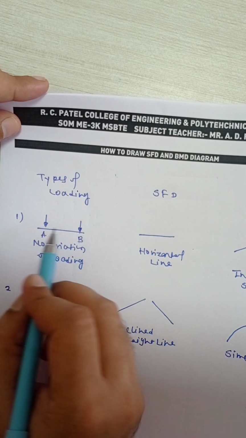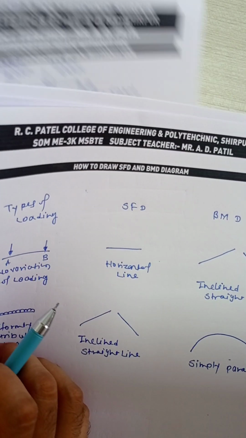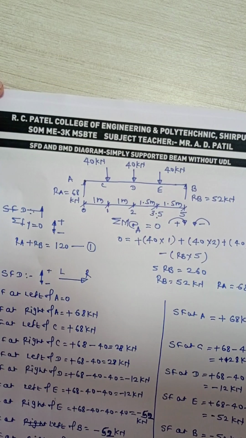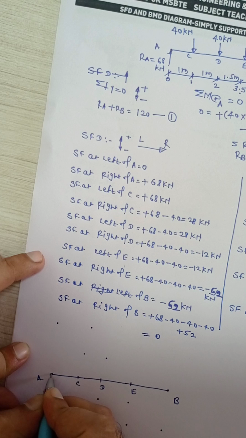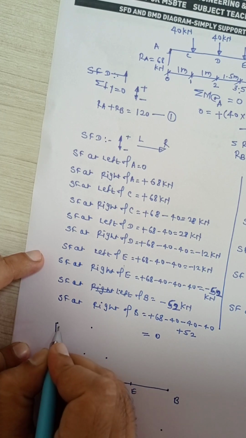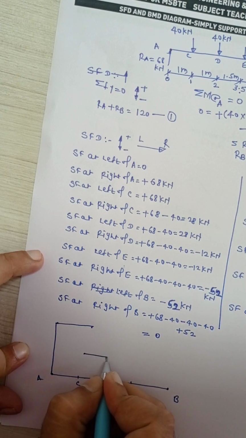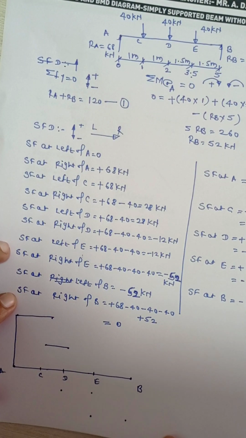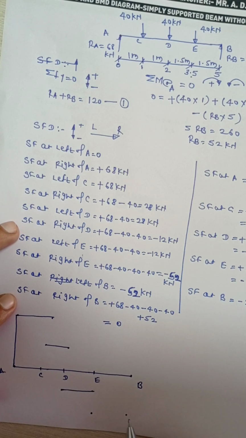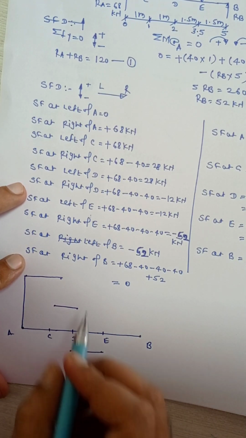In the numericals all point loads are there, so the SFD will be horizontal straight lines. So A to C is a horizontal line, C to D is a horizontal line, because in the numerical C to D has no variation of the loading. Same for D to E, there is no variation of the loading. Same for E to B, there is no variation of loading. So connect these lines.